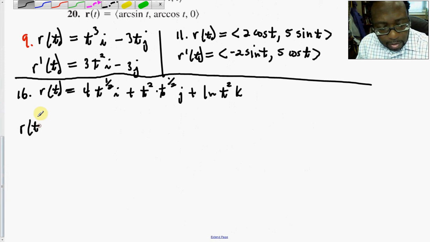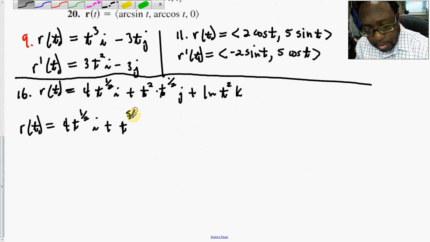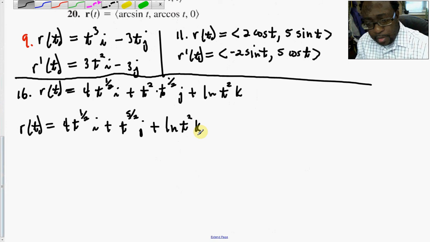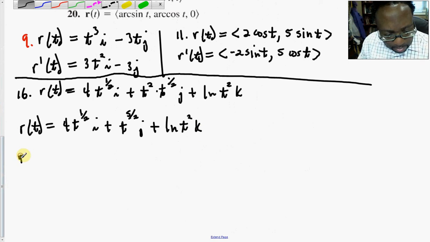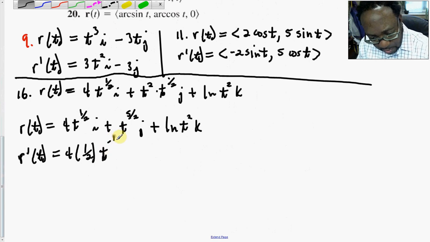So r of t is equal to 4t to the 1/2 i plus t to the 5/2 j plus the natural log of t squared. Now r prime of t is 4 times 1/2 times t to the 1/2 minus 1, so that's negative 1/2, for the i.